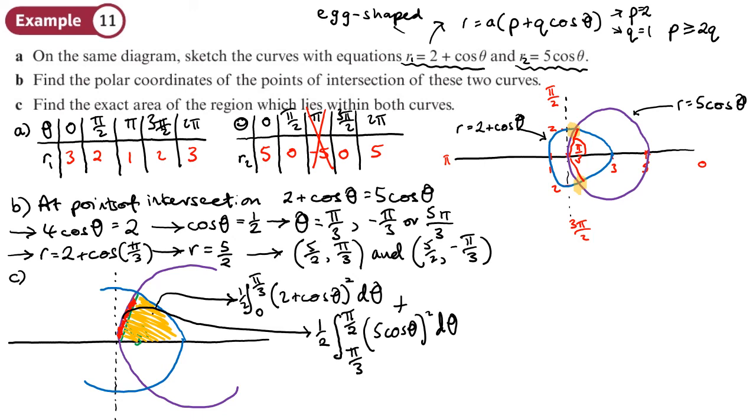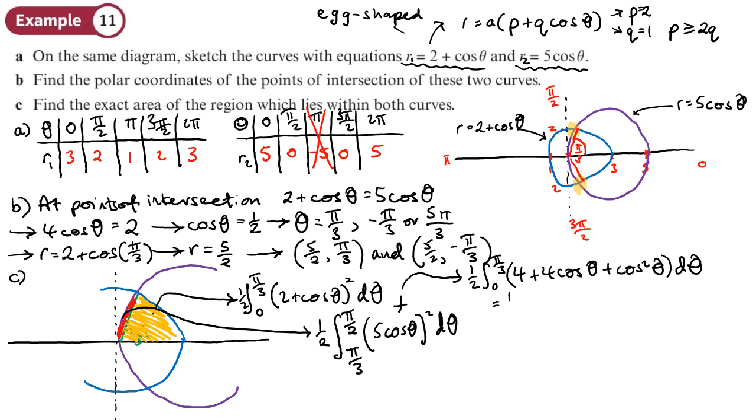So let's do that with this one here. Half the integral between 0 and pi over 3. We're going to expand the bracket, so we'll have 4 plus 4 cos theta plus cos squared theta, which we're going to use a substitution for, so that we can integrate it.